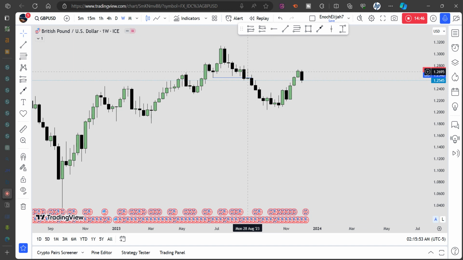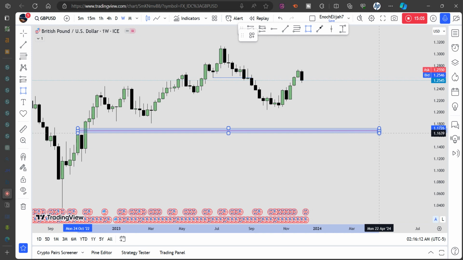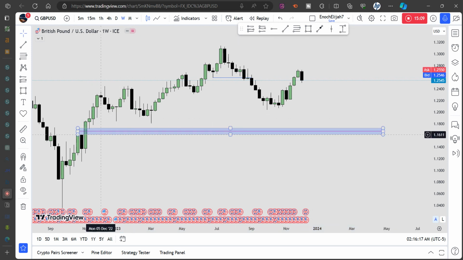Look at that date. Since then, price has been going bearish. Now we have a few weeks of retracement right there, and right now it's about to continue going lower, take out these lows, and come down to this imbalance right there. So this imbalance will be filled by price very soon.